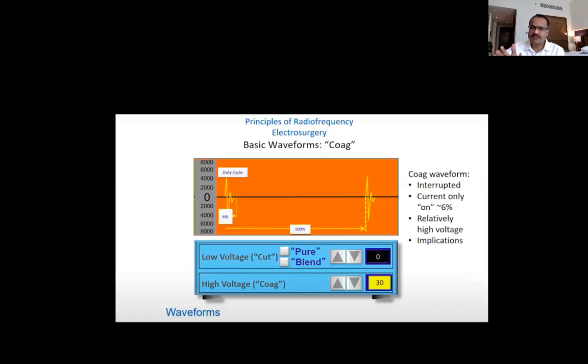So we will discuss which current is better to vaporize and which current is better to coagulate. But for now, you have to understand that all the current waveforms have the capacity to vaporize, that is cut, and then coagulate. Now blended current is not a mixture, it is not low and high voltage together. It is like you reach some median.